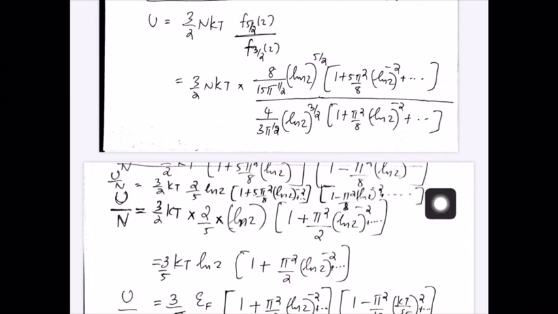So we will have a power here minus 1, and that minus 1 as it combines with the series we will have 1 minus pi square by 8 (log z) to the power minus 2, like that.